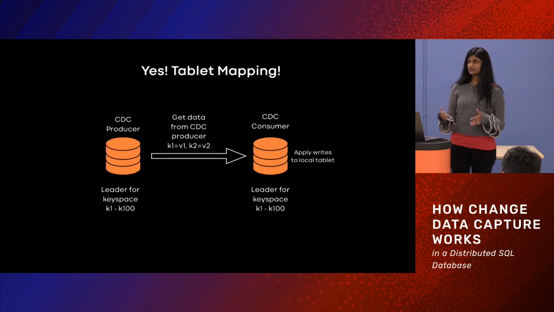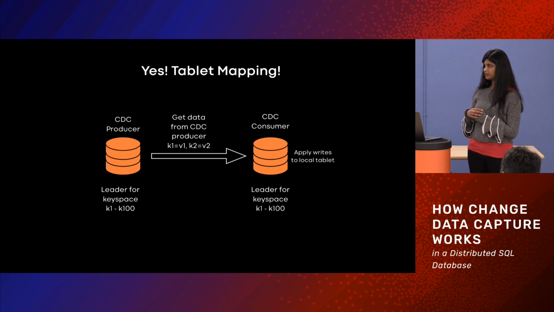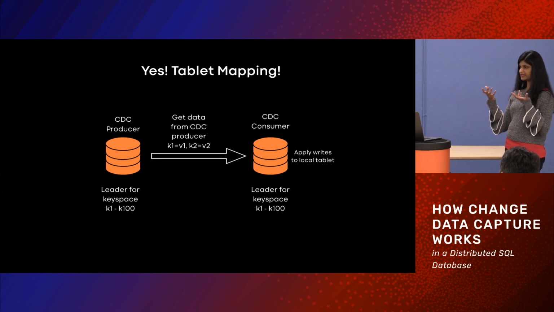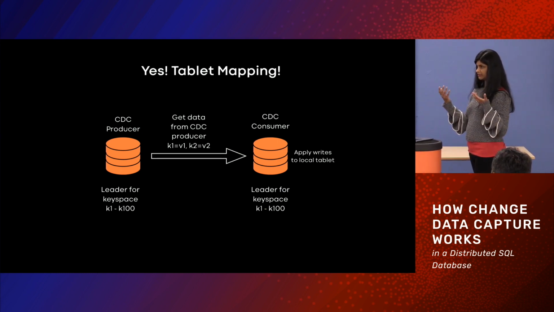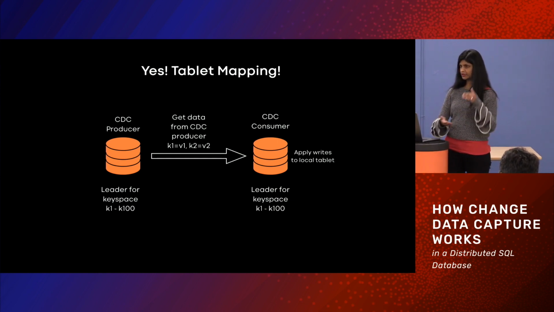So what can we do to make this better and improve performance? A solution to that was using tablet mapping. When you are setting up replication between 2 clusters, we try to intelligently map the consumers and producers such that the key space that you're writing on both sides matches. So let's say that your data set is such that one shard has key 1 to key 100 on the producer.